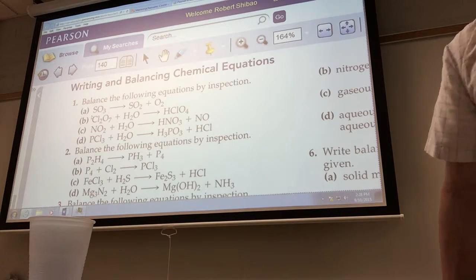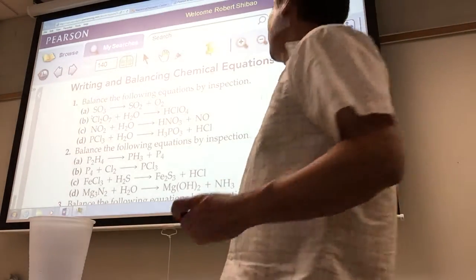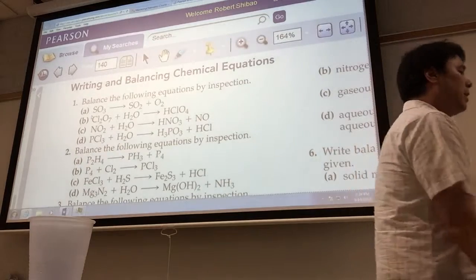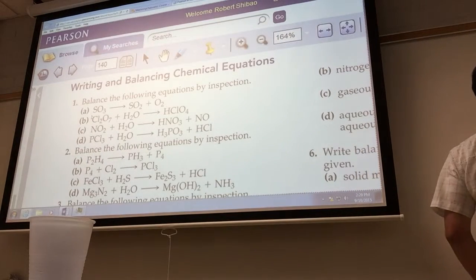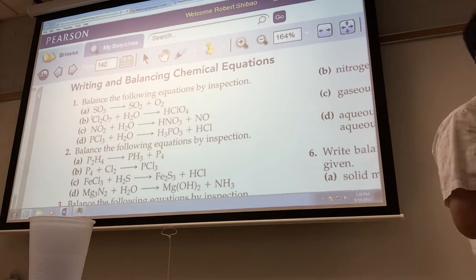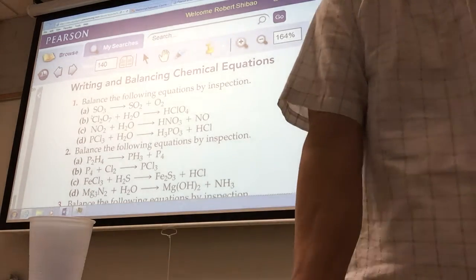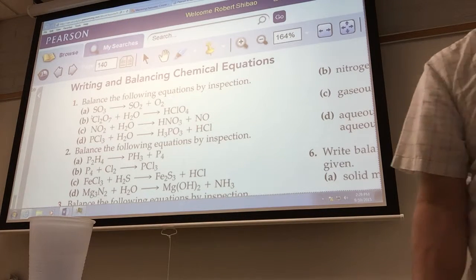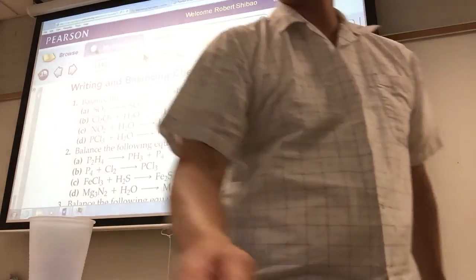We have to put things into perspective. This is an oxidizer. How about this? Rust. Is rust a strong oxidizer, or a reducer, or neither? This is rust, Fe2O3, iron(III) oxide.